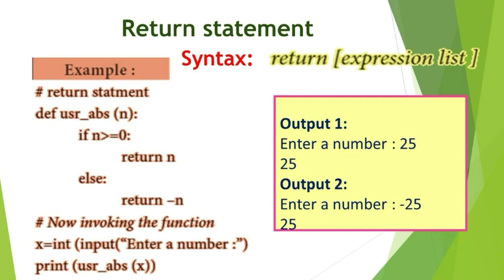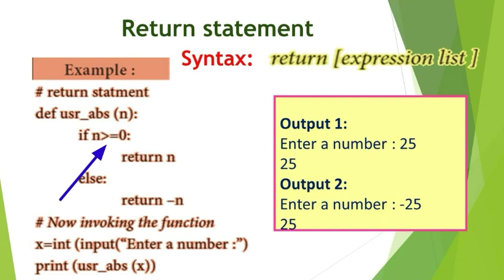Let us see one example. One programming code is given. Here one function is created, that is user_abs, and the parameter n is given within the parentheses. After that, an if-else condition is given. The condition is n is greater than or equal to 0.